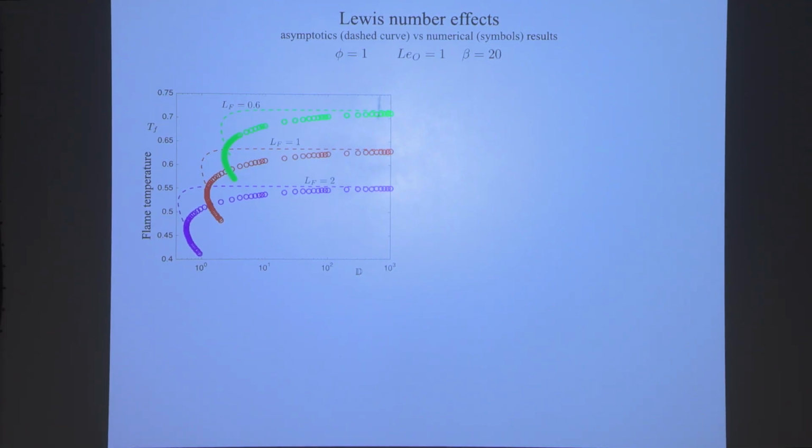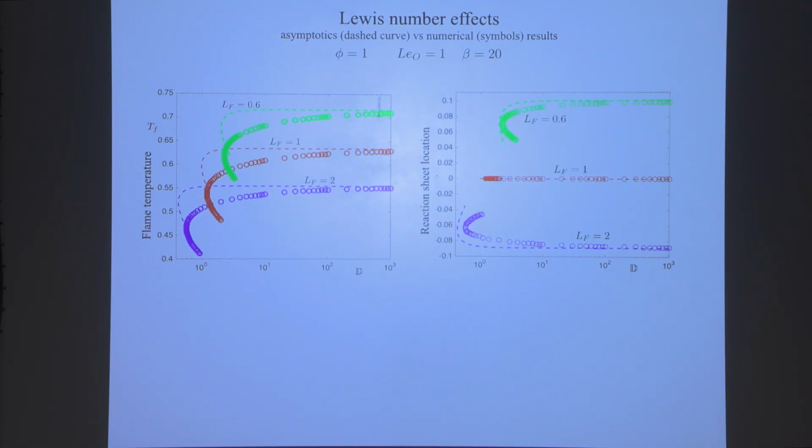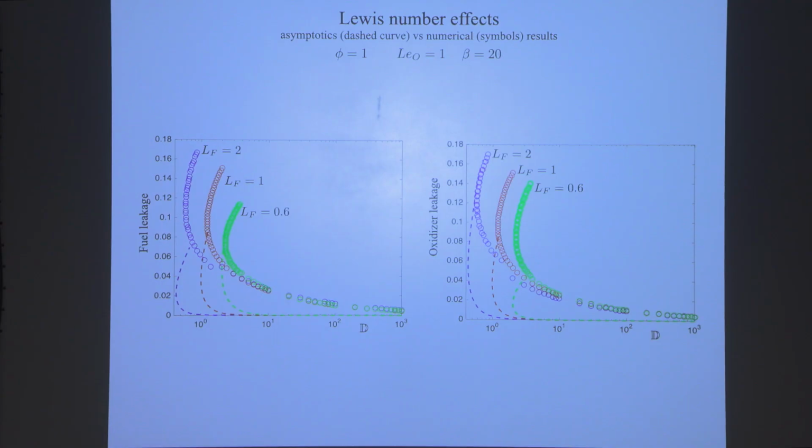Basically, if you go through those graphs, and I'm not going to discuss each of them separately, you will see that it's the same picture that I showed you before, obtained also numerically with some differences. Same thing here about the location of the sheet, whether it's on the fuel side or the oxidizer side, and the same thing about the fuel leakage, which we computed here also numerically.